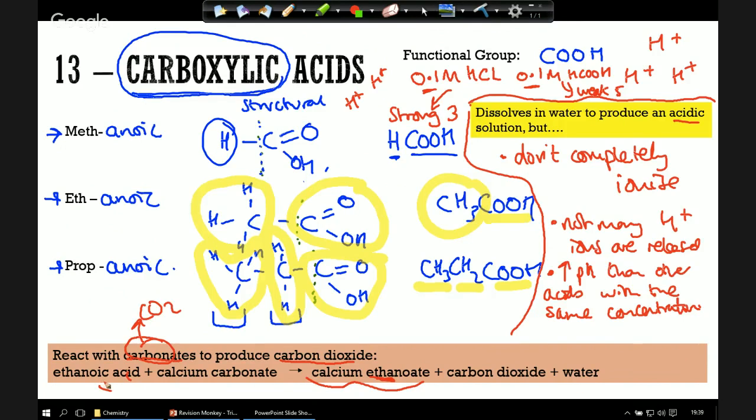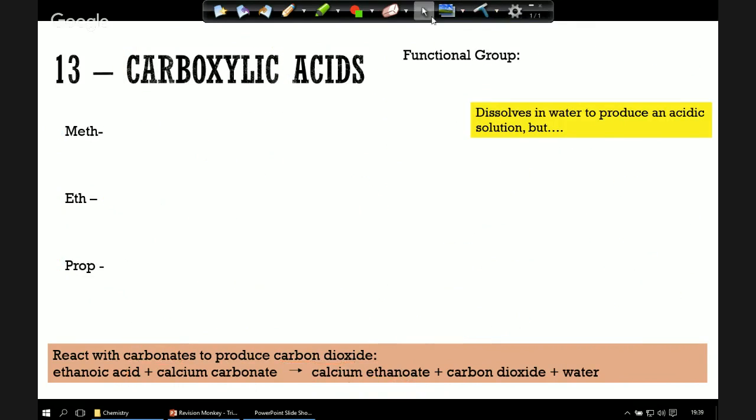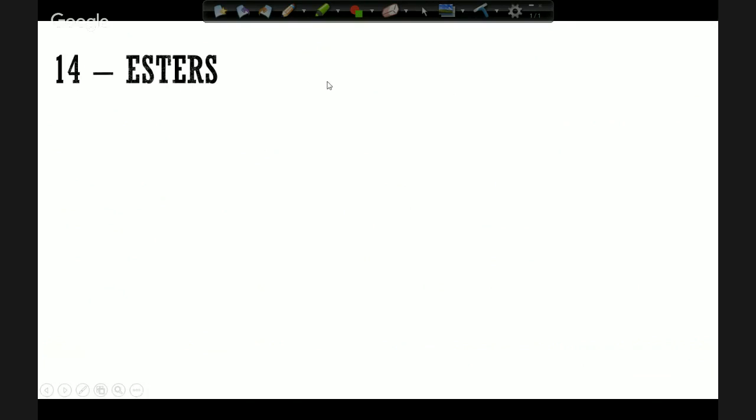Or you could have, for example, methanoic acid plus calcium carbonate making calcium methanoate plus carbon dioxide plus water. So bear in mind these salts end in that -oate, and they might be a methanoate salt or maybe a propanoate salt to recognise. Okay, moving on then, we're going to go from carboxylic acids and alcohols to something called esters.